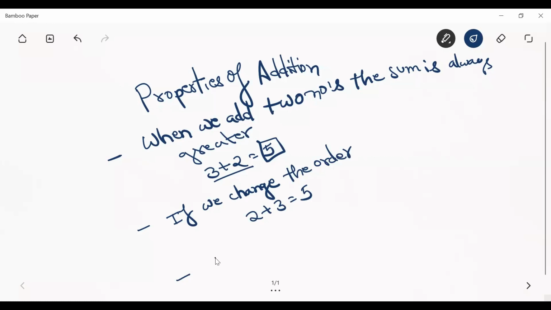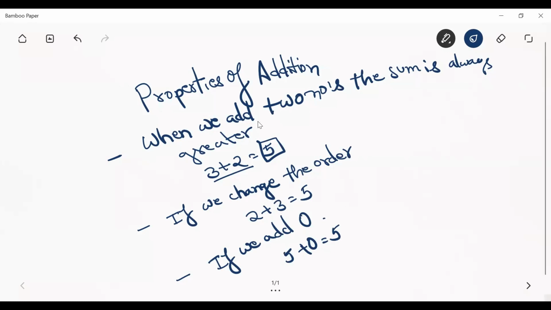And if we add 0, we'll get the same digit. Like 2 plus 0 is 2, 5 plus 0 equals 5. The second property of addition is called the commutative property.